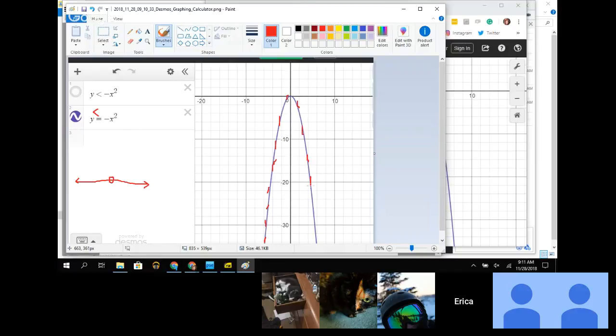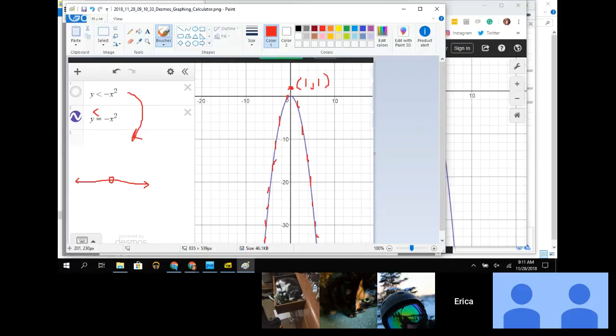Now I have to figure out which side is going to be shaded. So what I do to figure out what side is going to be shaded is I pick a point that's on one or the other of the sides. So for example, if I pick this point right here, that's x equals 1, y equals 1. And I need to see if that's true.